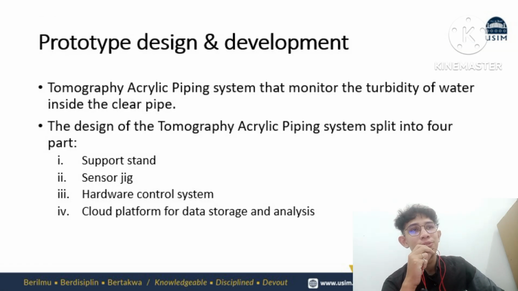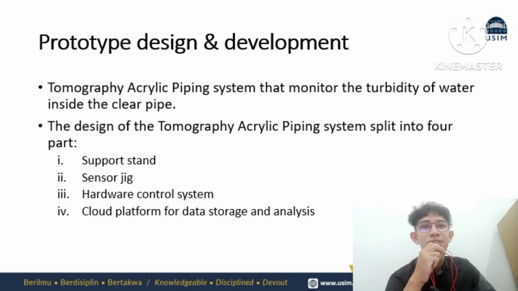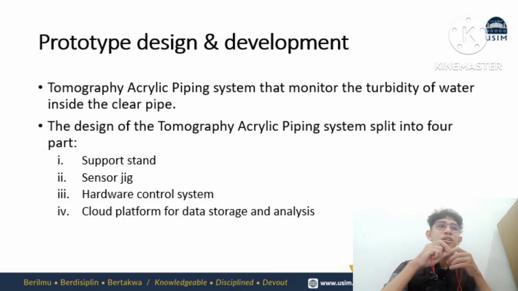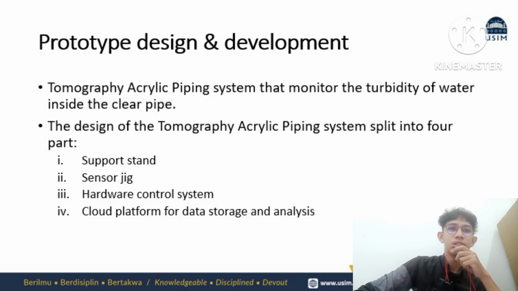Let's move to the prototype design and development. For our project, we will replicate the actual situation with a tomographic acrylic piping system that monitors the turbidity of water inside the clay pipe. For the design of the tomography acrylic piping system, we will split it into four parts, which are a support stand, sensor jig, hardware control system, and also a cloud platform for the data storage and analysis.